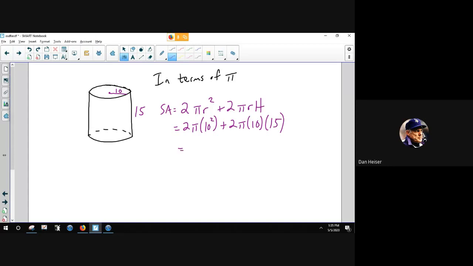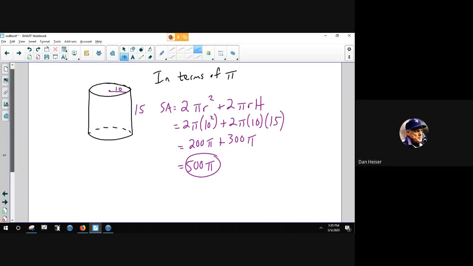This first part calculates out to 200 pi. The second part calculates out to 300 pi. If you have 200 pi and you add 300 pi, you get 500 pi. Surface area of a cylinder.